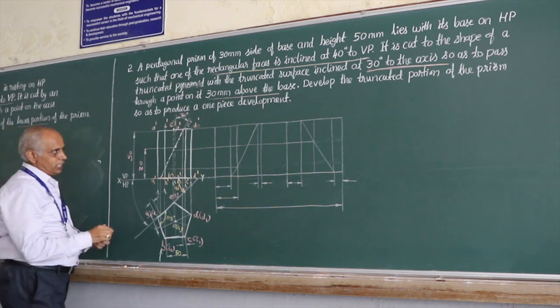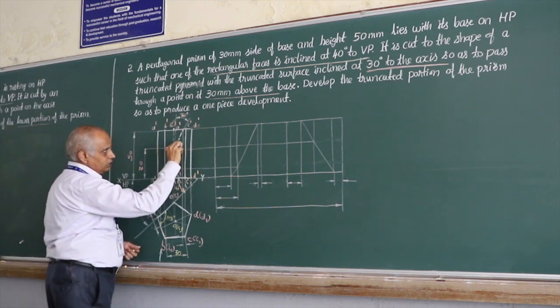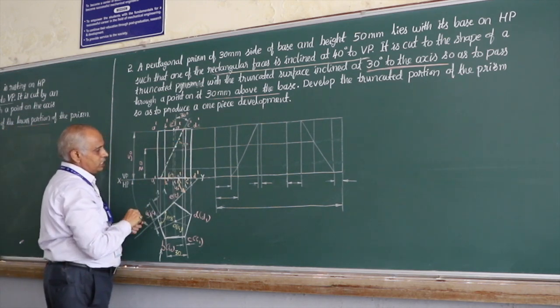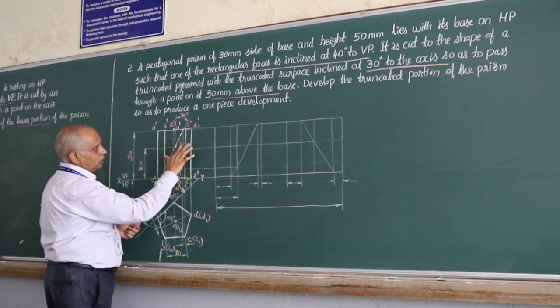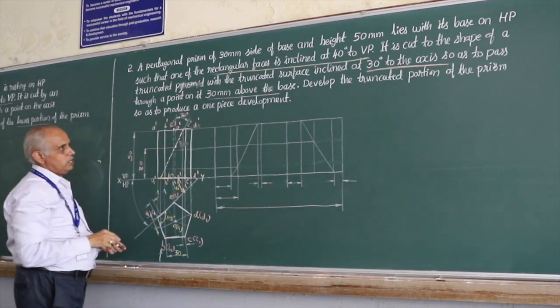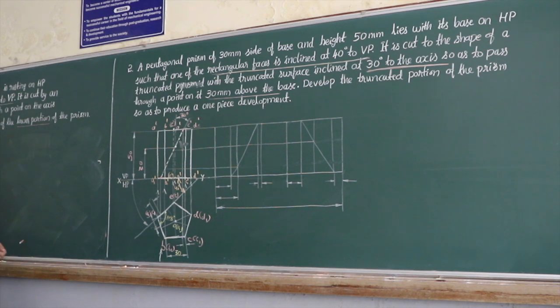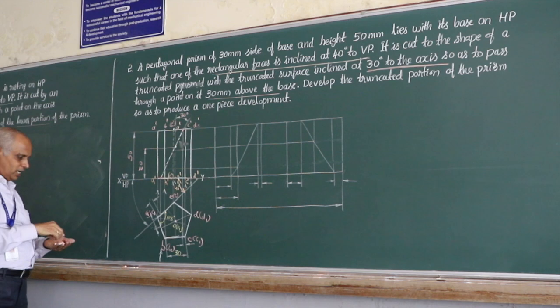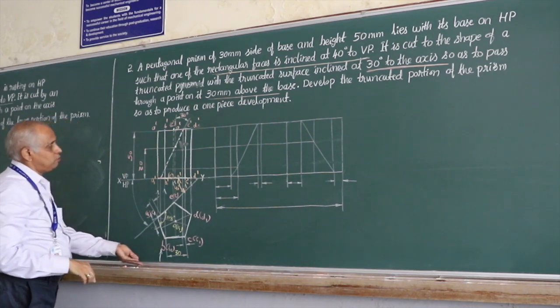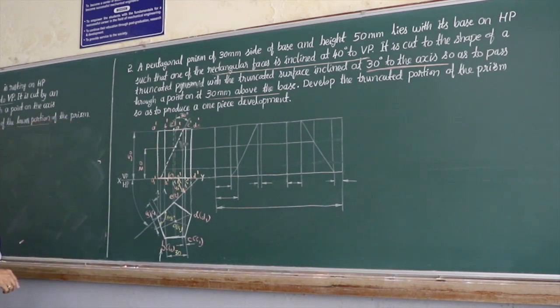So if by mistake you take this as 30 degrees, you are making a grave mistake. Entire development is wrong. Therefore, be careful about the wordings, whether the section plane is inclined to HP or it is inclined to axis. The condition has to be clearly understood and applied onto the figure.